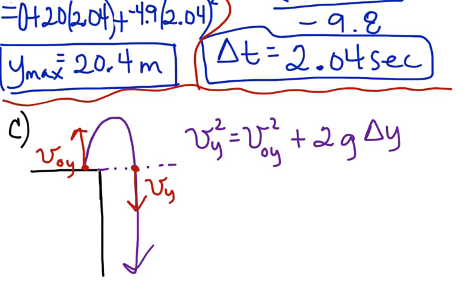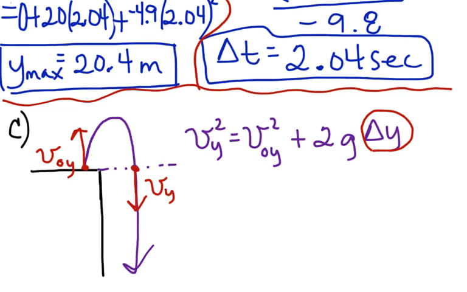The formula we're going to use is this one here, and I wanted to point out that this delta y value is the one of interest. This is your change in position, your change in your vertical position. And if you look at this diagram here, you'll see that there is no change in vertical position. There is no displacement in this case.